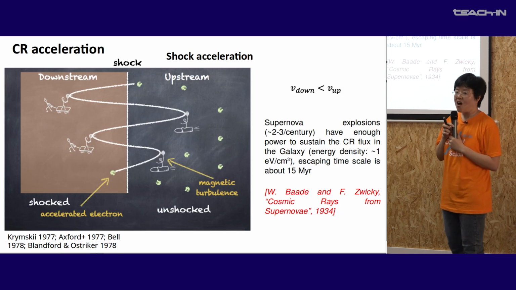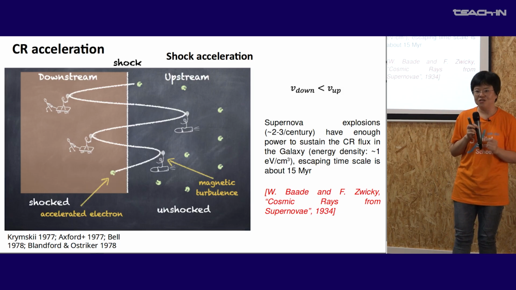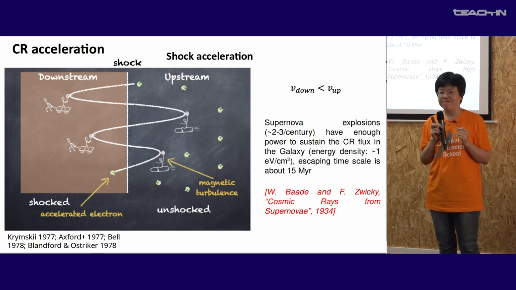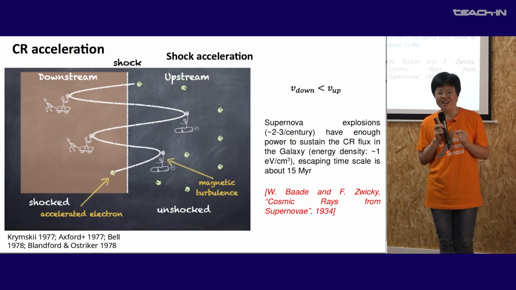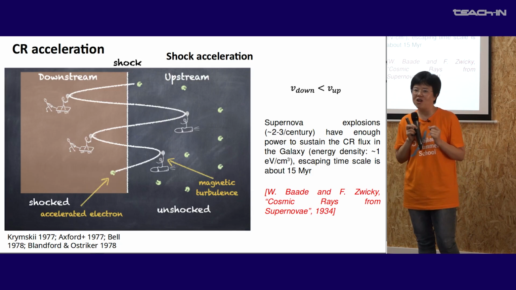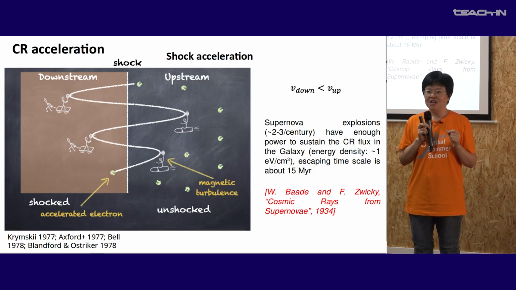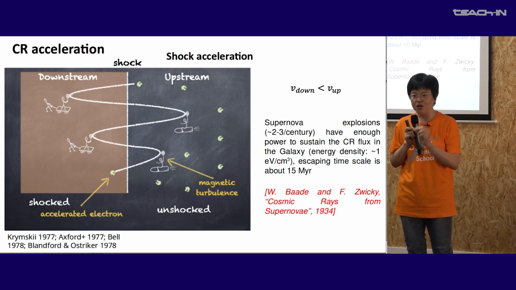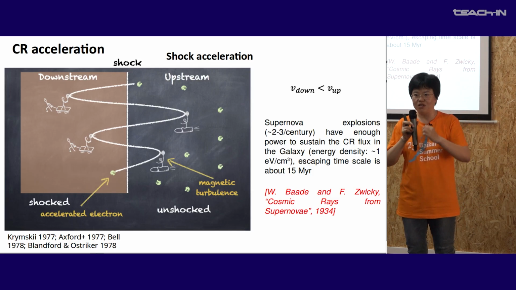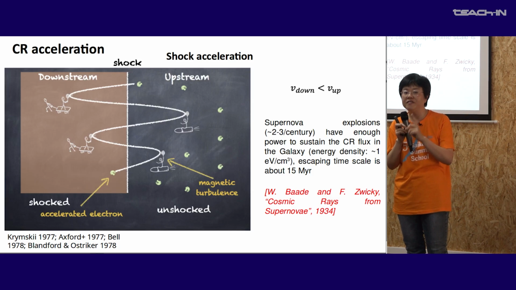Okay, if in our galaxy the particles are accelerated in this way, can they explain the cosmic rays we observe? Let's do a very simple calculation. For example, in our Milky Way, one supernova explosion will inject a lot of energy outside. It's like 10 to the 51 ergs.